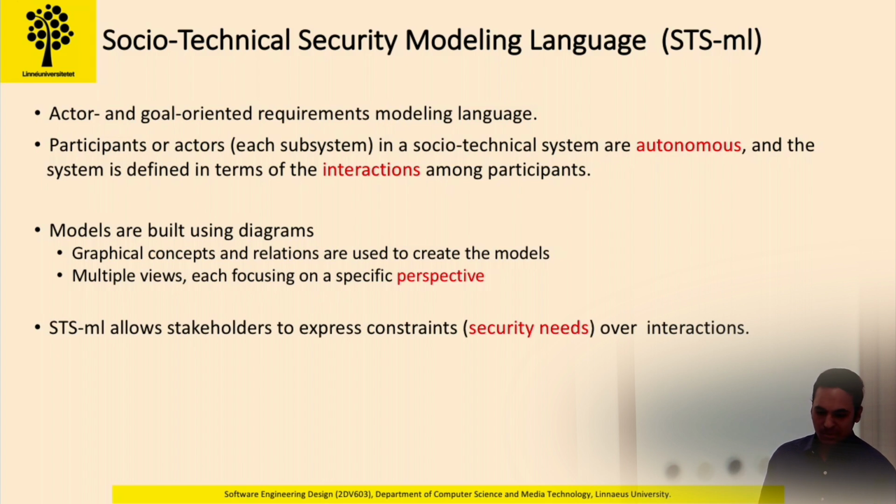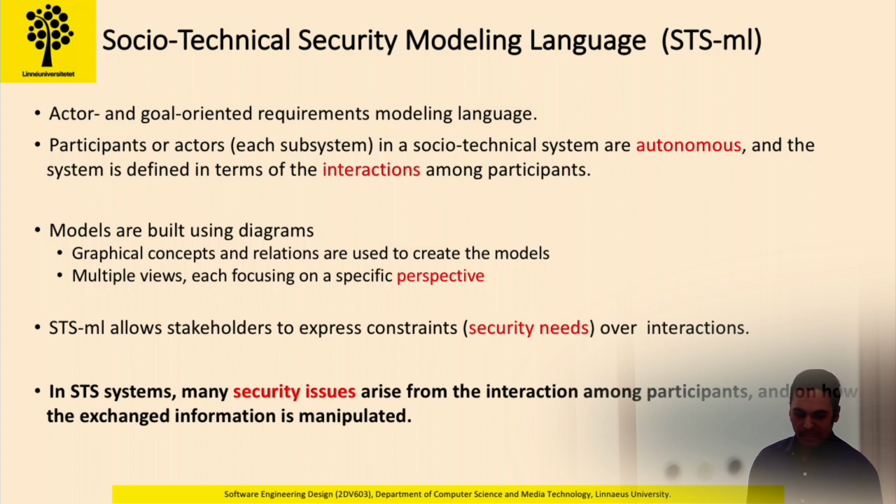One of the most important concepts of this tool, STS-ml, is security needs. You express your security needs or constraints over interactions. Each interaction must have some security needs that you need to fulfill, and those will be your security requirements in the end.